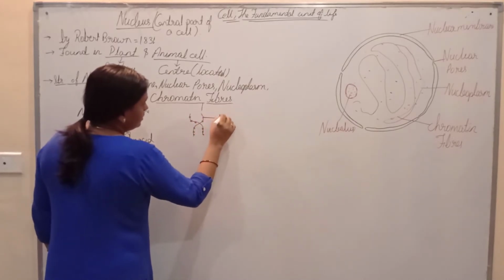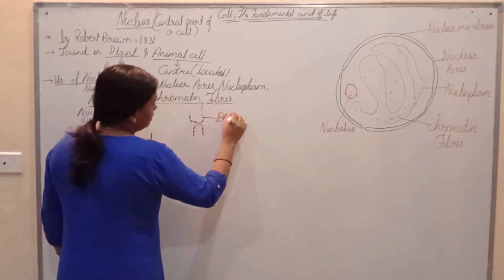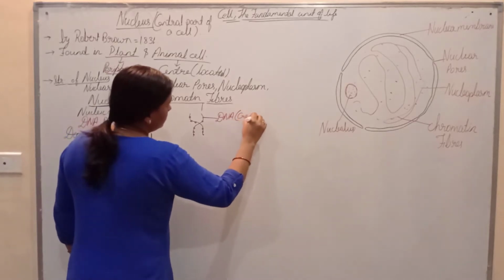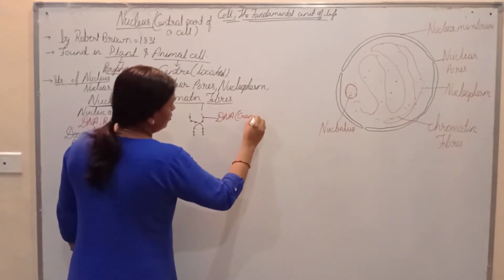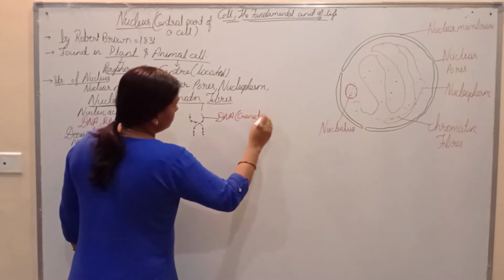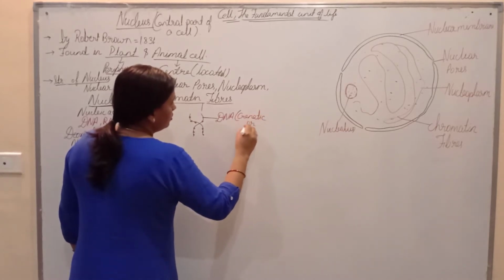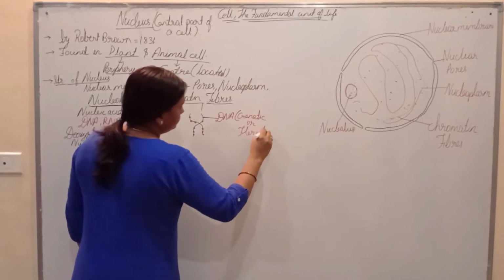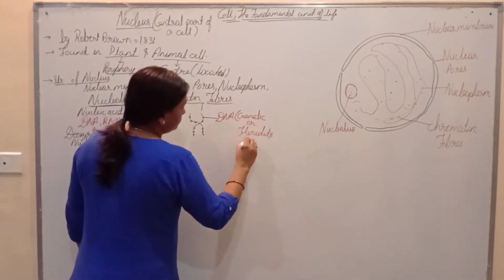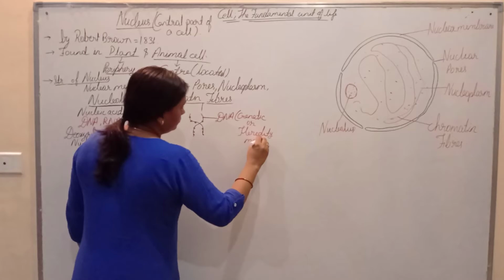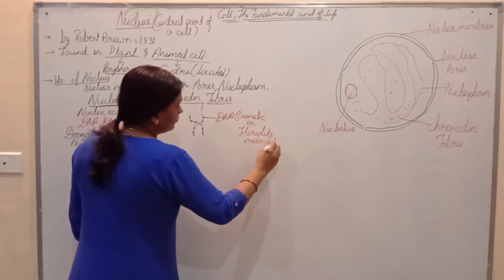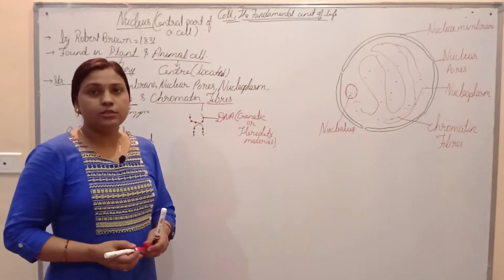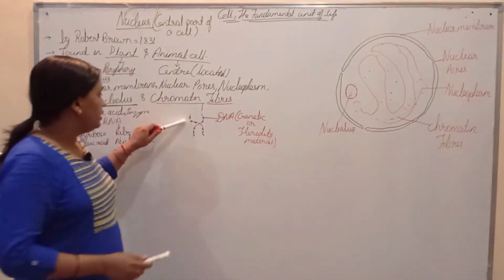This DNA is also called the genetic or hereditary material. This chromosome consists of segments of DNA.